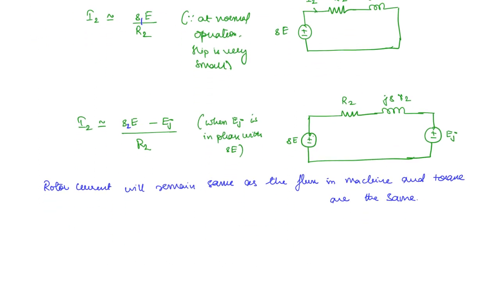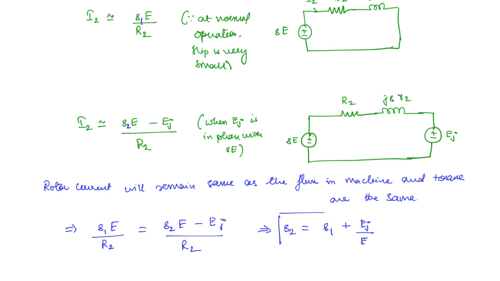So we can equate both of these currents. This implies that S1E by R2 will be equal to S2 times E minus Ej by R2. So what is this going to give you? S2 is going to be S1 plus Ej by E. So this is the new value of the slip.